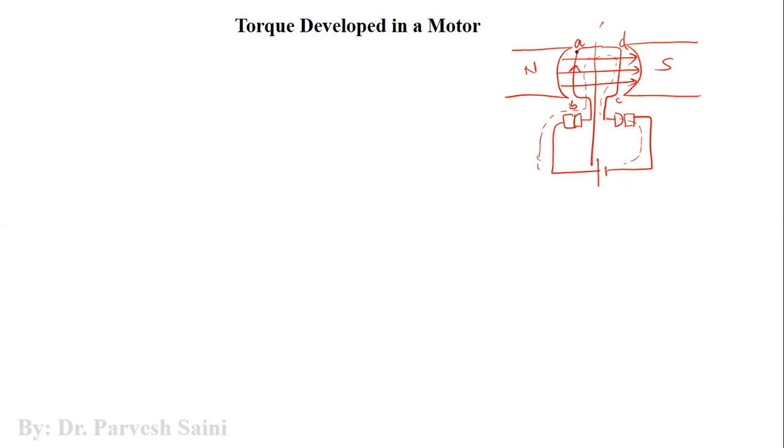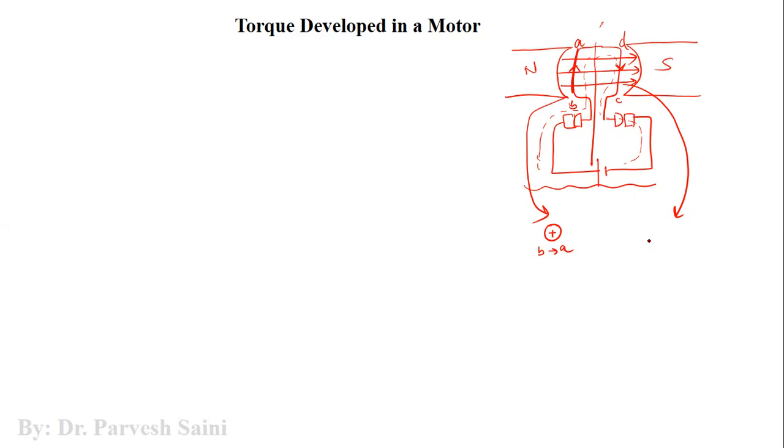In this particular conductor the direction is this one, and in this particular conductor the direction is from D to C. If you see the front view of this, this is the BA conductor, so it will be represented as a plus in a circle because the current is from B to A. And this part, the current is coming from D to C, towards you.